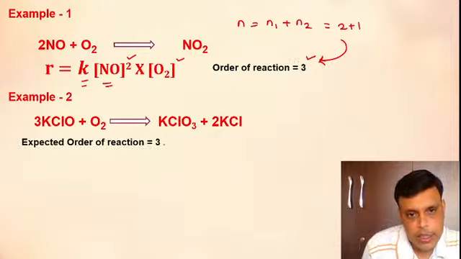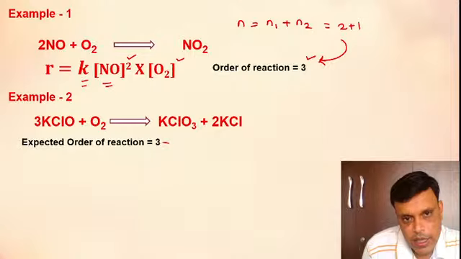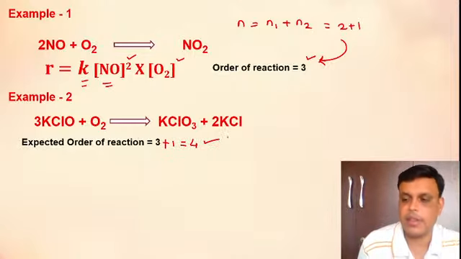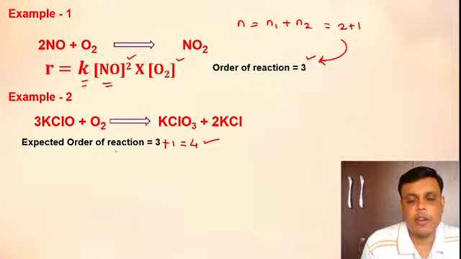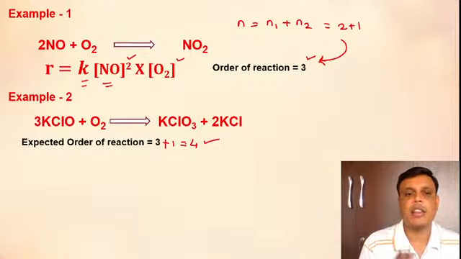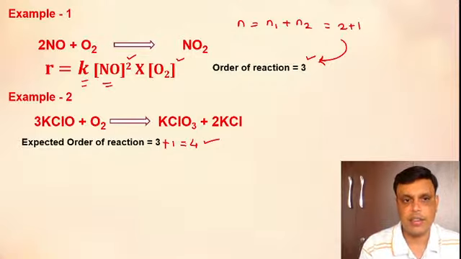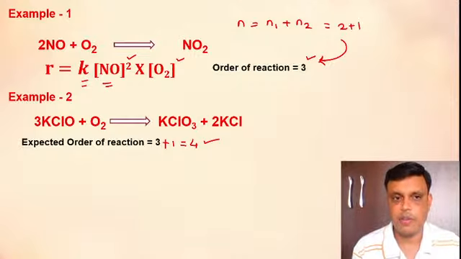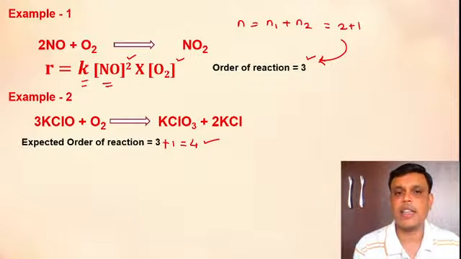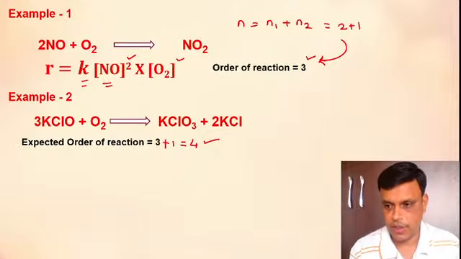Sorry, the expected order of the reaction is 3 plus 1 is equal to 4. This is our expected order. Please remember this. Expected order of reaction is 4, but the order of reaction for this reaction is not 4.